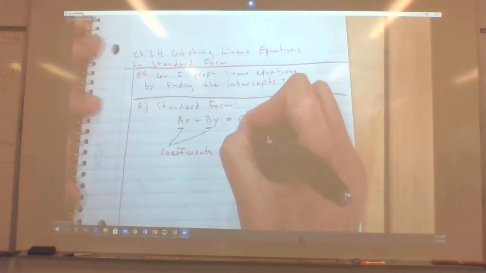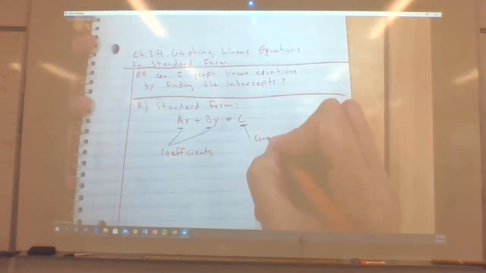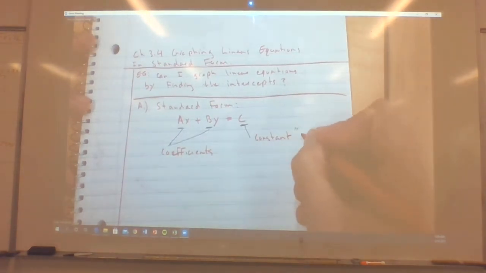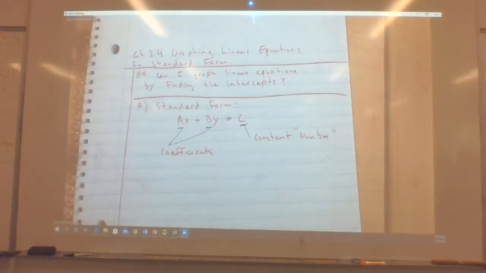C is my constant. Constant is basically going to be a number. It doesn't change, right?